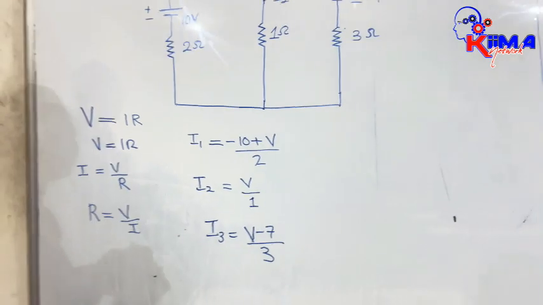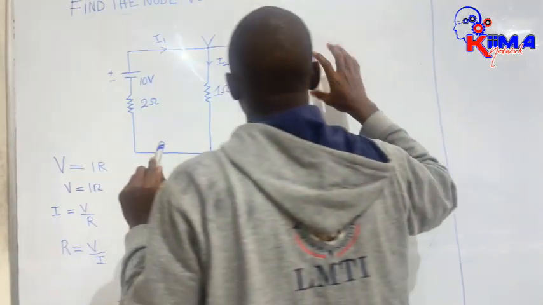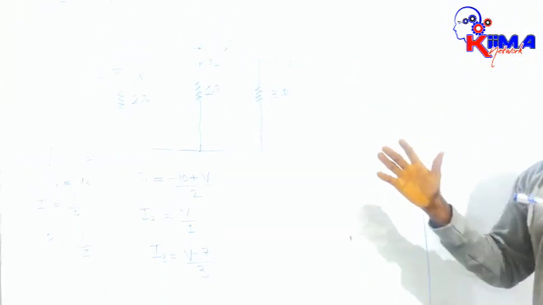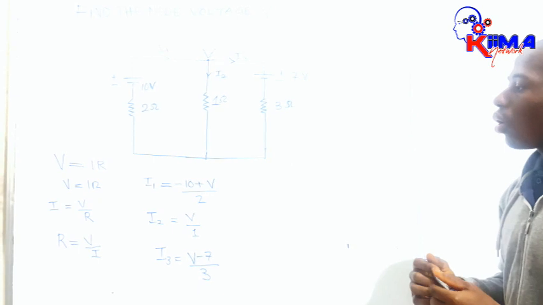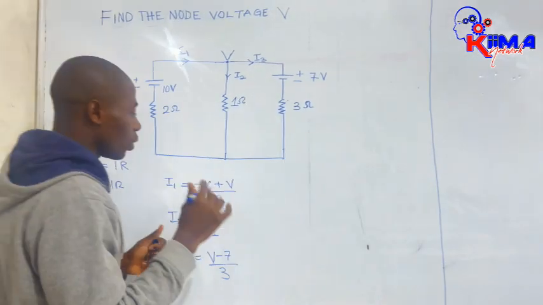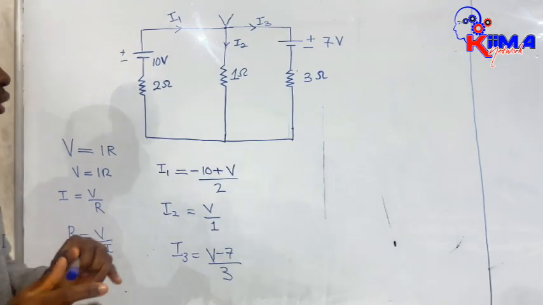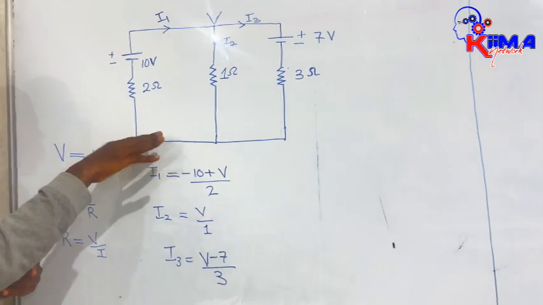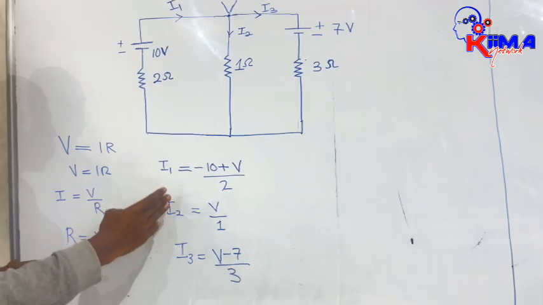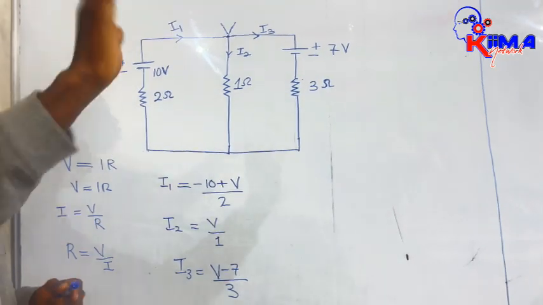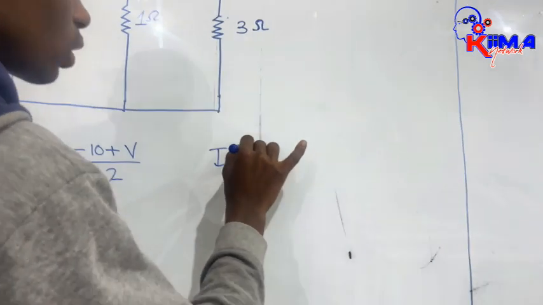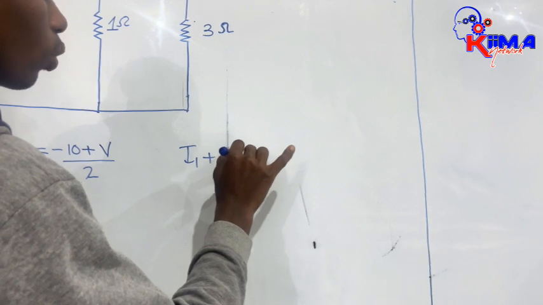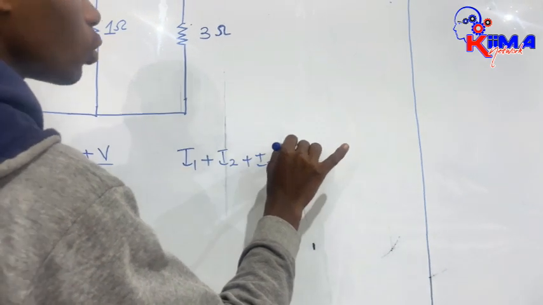So now we have analyzed this circuit. The next point is just basic algebra. In basic electronics, the algebraic sum of I1, I2, I3 should be equal to 0. So I1 plus I2 plus I3 should be equal to 0.